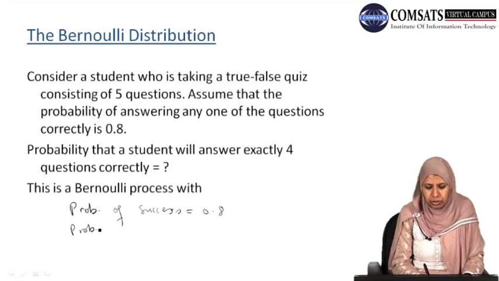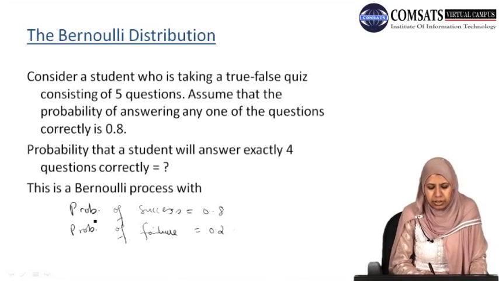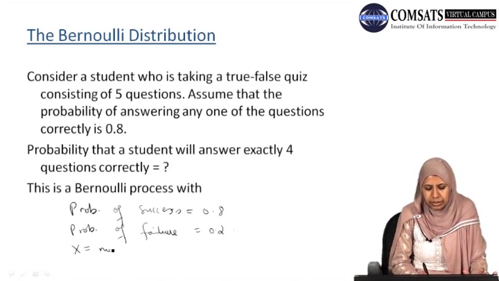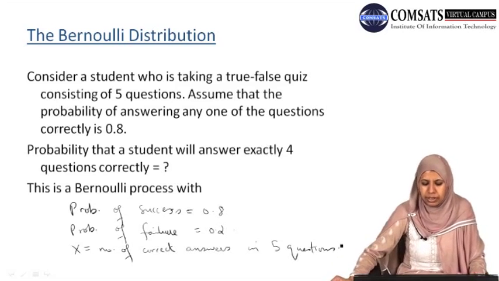So the probability of failure will be 0.2. And our random variable x here is the number of correct answers in 5 questions. So this is our random variable.